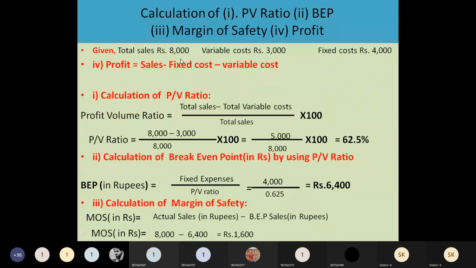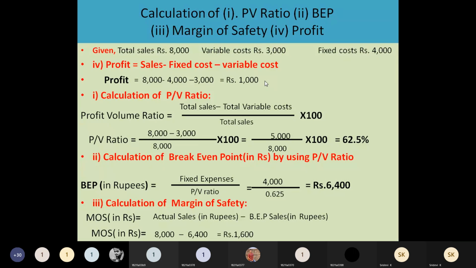Now profit is equal to sales, total sales 8,000, total fixed cost 4,000, total variable cost 3,000, right? So you replace all those values in the concerned places: 8,000 minus 4,000 minus 3,000. So that will give you the profit equal to rupees 1,000. So this is how you can calculate the profit.